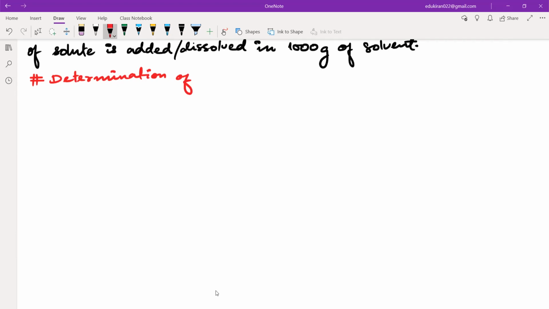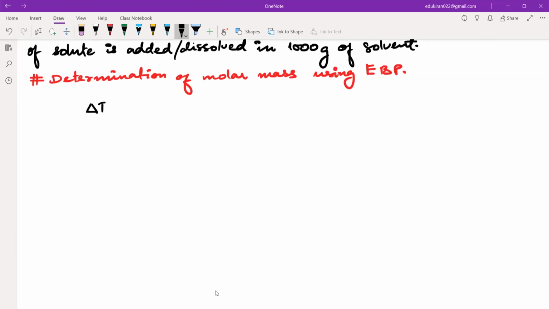Determination of molar mass using elevation in boiling point. Okay, so we just have to derive it here.